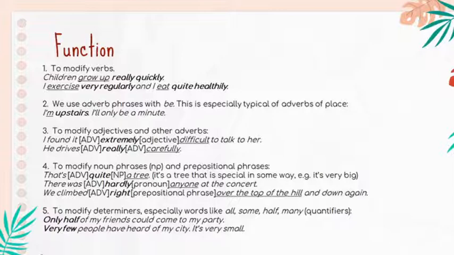And fourth, to modify noun phrases and prepositional phrases. For example, that's quite a tree. And the last, to modify determiners, especially words like all, some, half, many. For example, only half of my friends could come to my party.